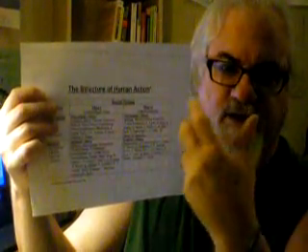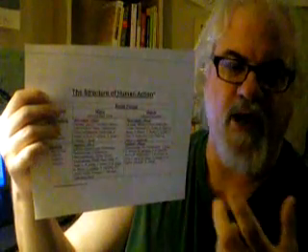Across the top we have social forces, macro social forces and micro social forces. Macro social forces are things like economics and politics and history, those types of forces that drive behavior.